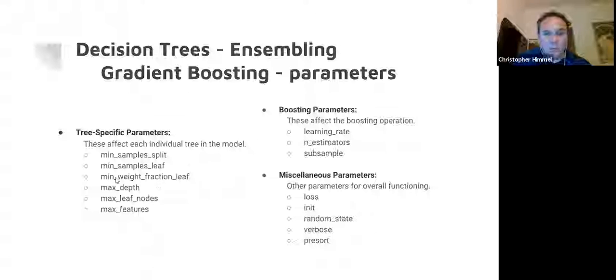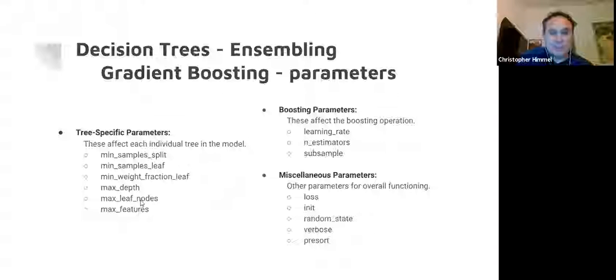So weight fraction. So how much of the leaf goes to one side or the other, if it's splitting, to whether we want to split again or whether this becomes a terminal leaf. How deep do we want our basic tree, our weak learner, to go?